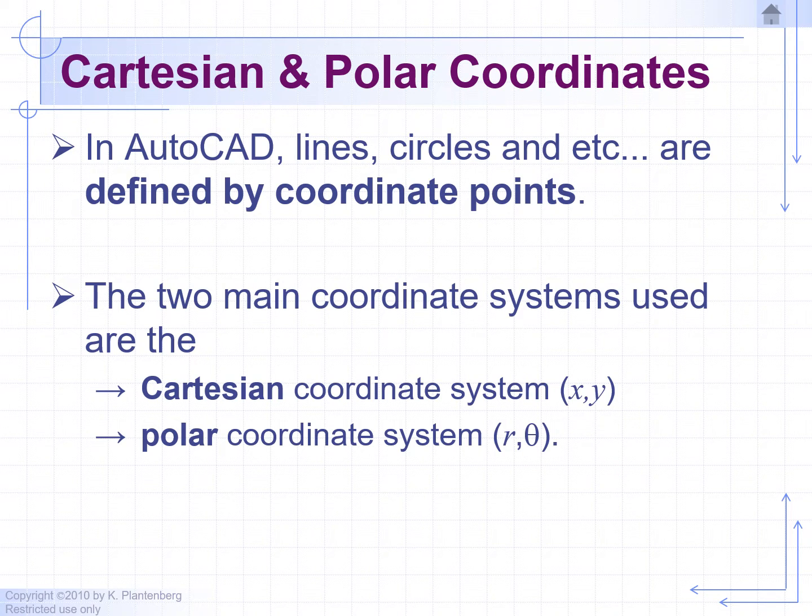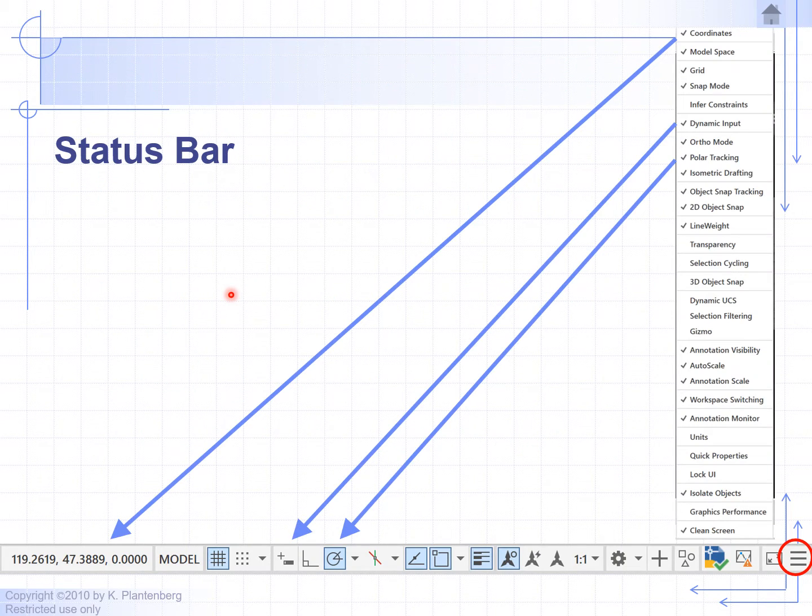Next slide. Okay, before moving on with coordinates, let me recommend going to the status bar. At the lower bottom right, you'll see the status bar. Click on the last icon and it'll give you a list of all the items that may be loaded onto your status bar. Anything with the check mark, you'll see the icon loaded in the status bar.